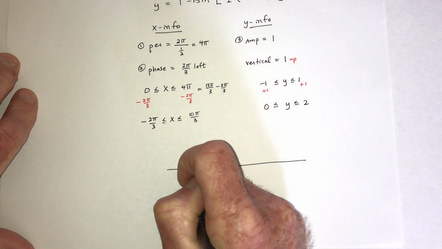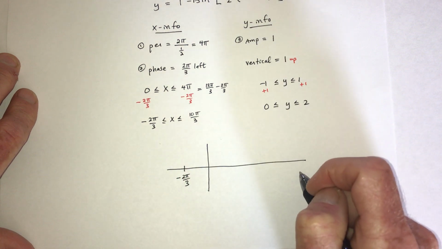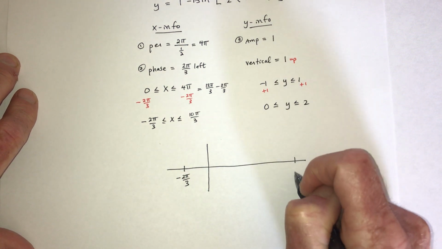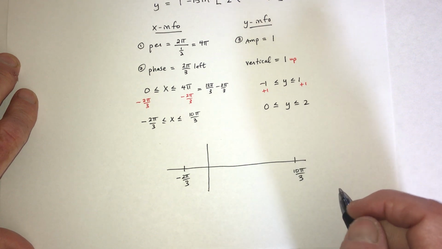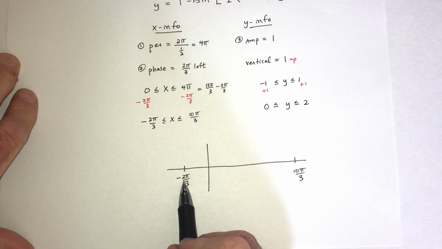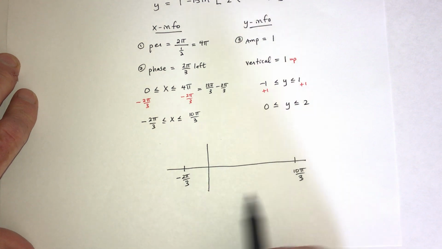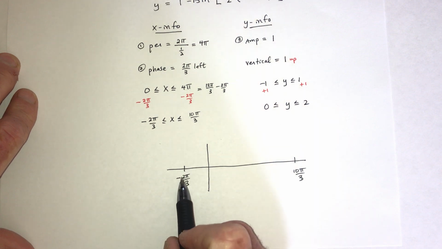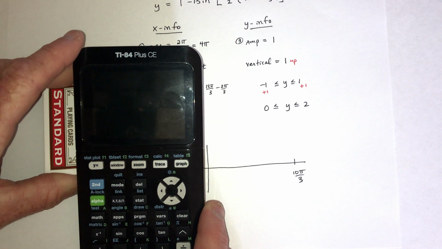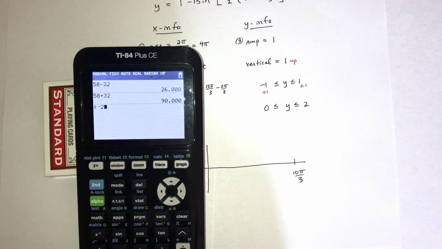So it's going to go from -2 pi over 3 to a positive 10 pi over 3. And what's in between a -2 and a positive 10? I know it's pi over 3 on each side, but in between a 10 and a -2, you could just take a -2 plus a 10, average them.